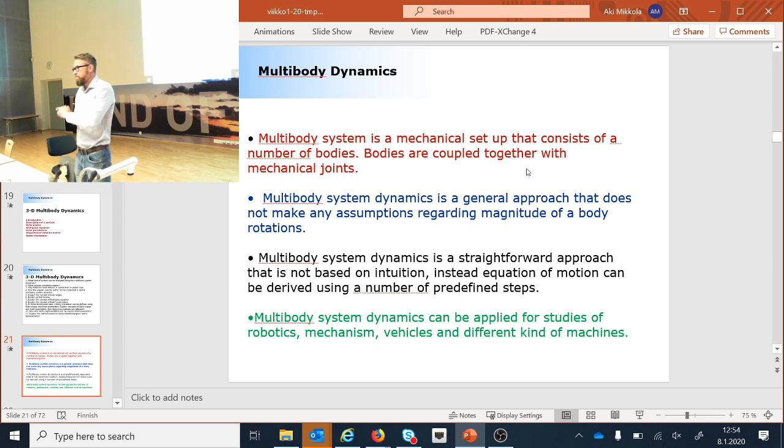The joints play an inherent role in multibody dynamics, because everything will be built around the joints. How to describe these components that are eliminating the motion possibilities between neighboring bodies. That's what multibody system dynamics is about.